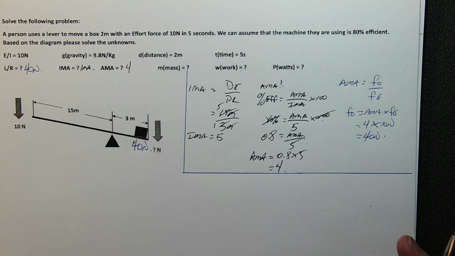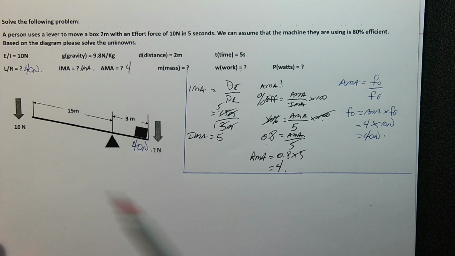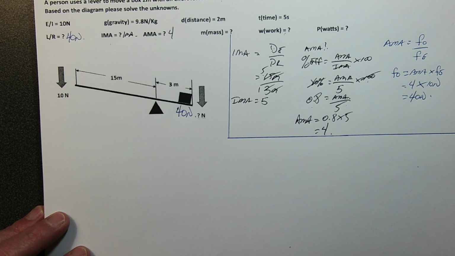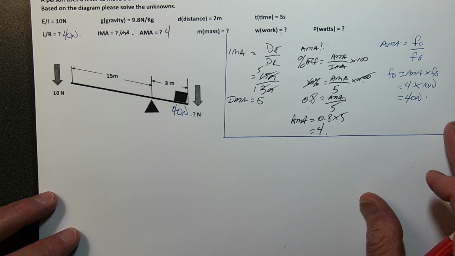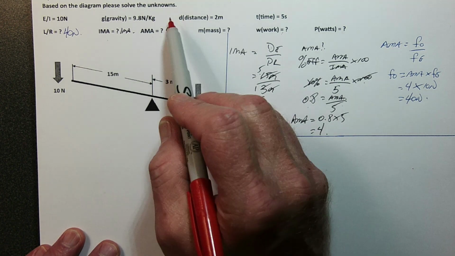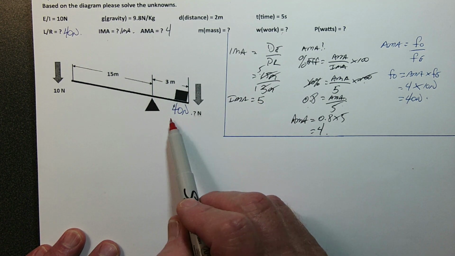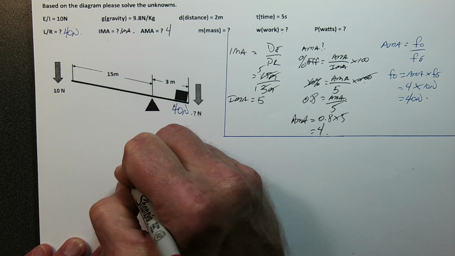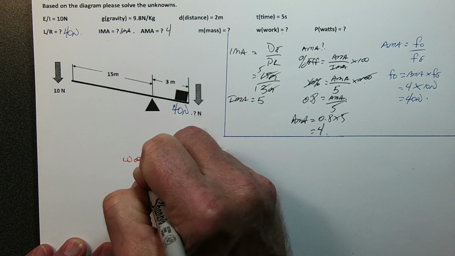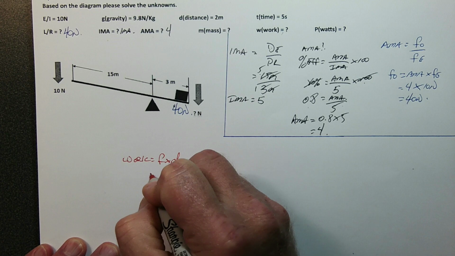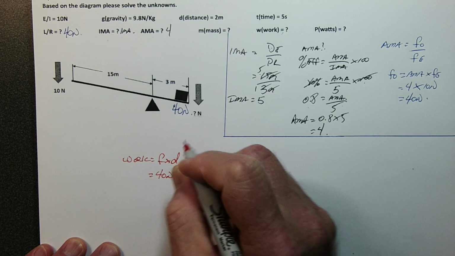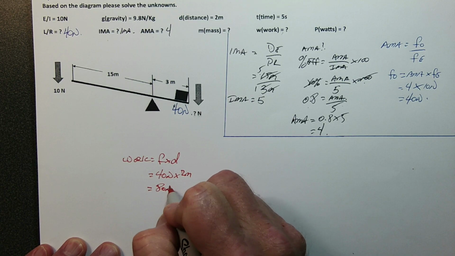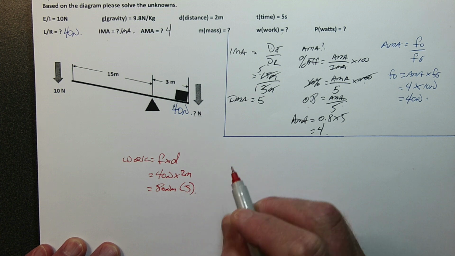So we already know what the distance is, and we know the load is 40 newtons. Work is equal to force times distance. So that's going to be 40 newtons times 2 meters, which is 80 newton meters or joules. Okay? So we're doing 80 newton meters of work.